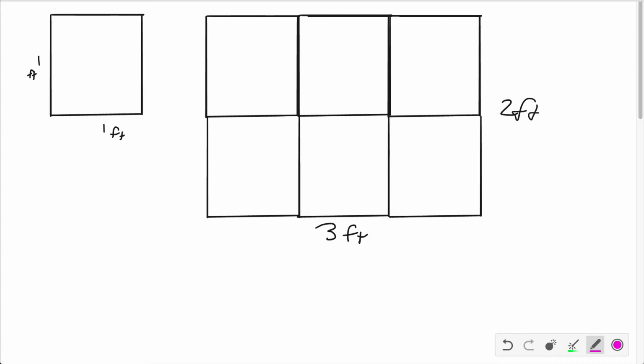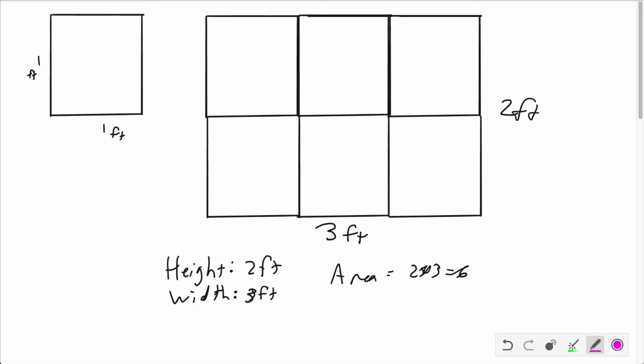Now where's that 6 coming from? Another way to compute it without having to actually physically draw these squares. Well, that's 2 times 3, right? So here we've got the height of this thing being 2 feet and the width being 3 feet. And so the area is 2 times 3, or 6 square feet.